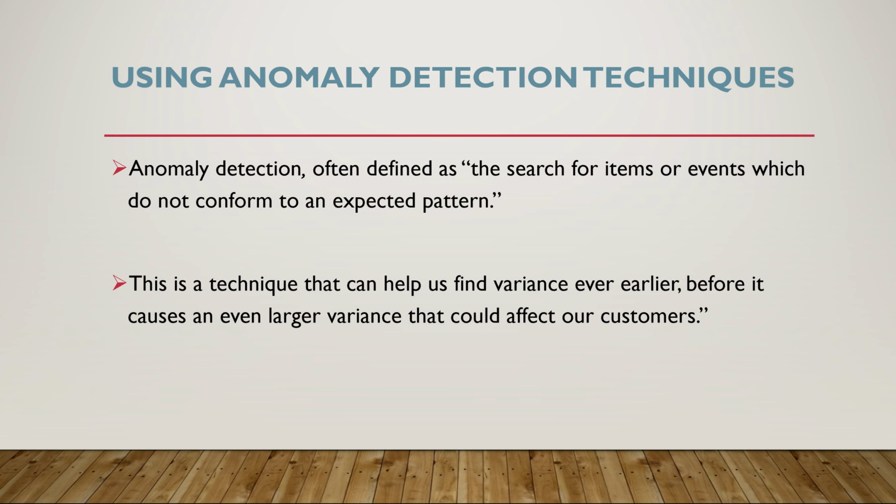Next we have anomaly detection techniques. Anomaly detection is often defined as a search for items or events which do not conform to an expected pattern. This is a technique that can help us find variance earlier before it causes an even larger variance that could affect our customers. The book talks about this idea called smoothing, where it timestamps situations, saying, okay, the sale was transacted at 4:50 p.m. and so forth, and you can also use that data to help understand what's going on at what time.